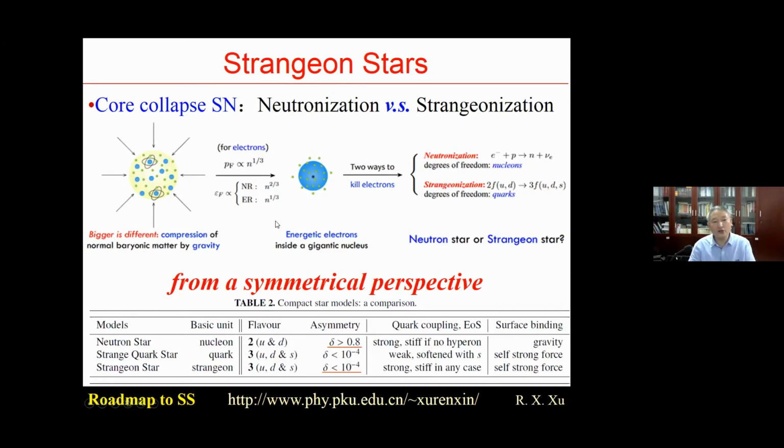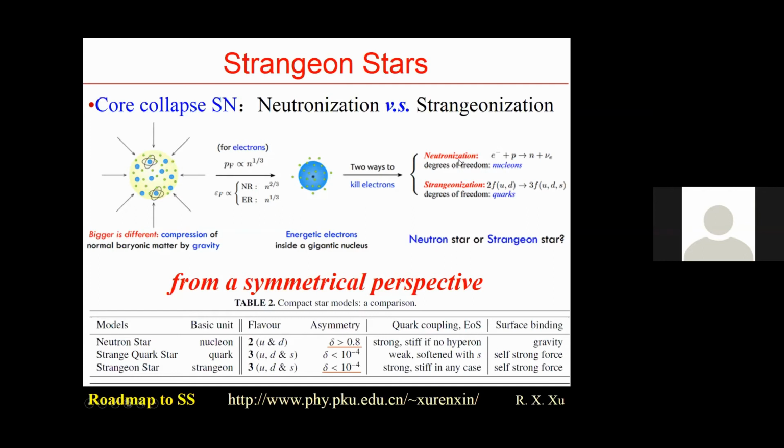So I show this cartoon from core-collapse supernova: normal atomic nuclei become closer and closer to eventually have nuclear density matter, and the electrons become extremely energetic. You know, we have two ways to kill electrons.